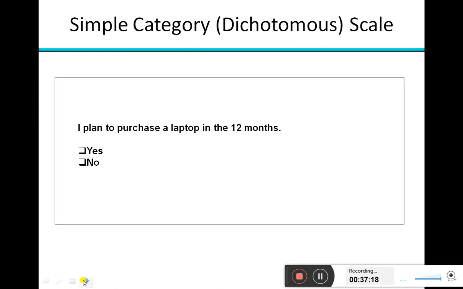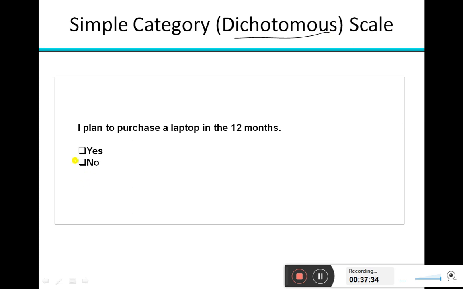Often in questionnaires, organizations use different scales during research. Now we have a simple category scale, and sometimes it is known as a dichotomous scale. Simply stated, what is a dichotomous scale?